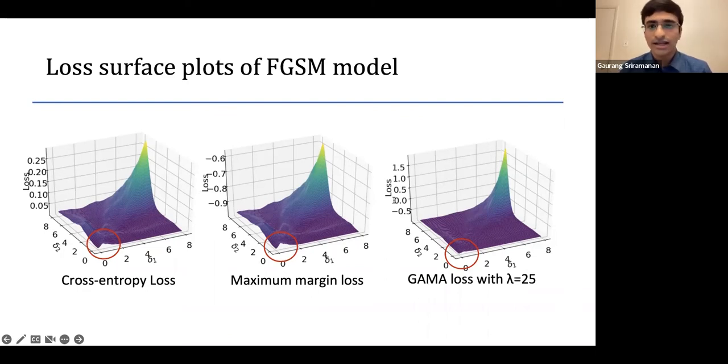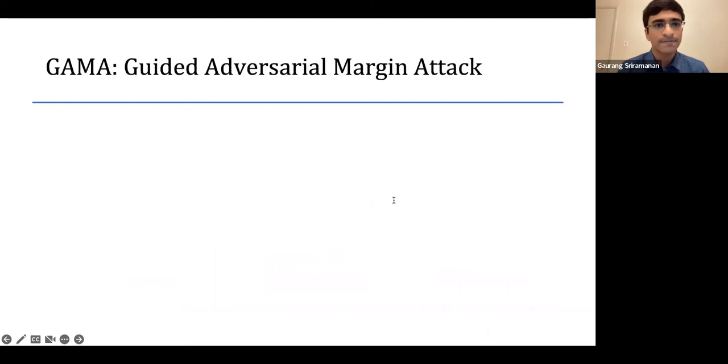The third plot, on the other hand, shows the loss surface of the proposed guided adversarial margin attack with the coefficient of this relaxation term set to 25. We find that the L2 relaxation term indeed leads to a significantly smoother loss surface, similar to the one-dimensional example seen earlier. We also find that gradient masking is significantly lower, which is quite helpful in practice. We thus now present the algorithm for the proposed guided adversarial margin attack.